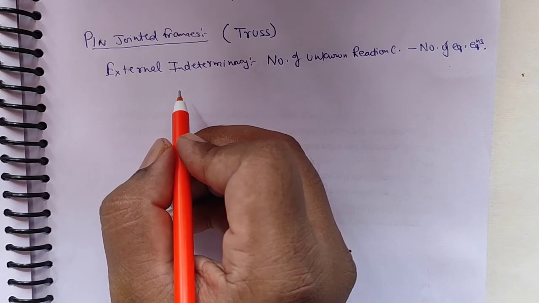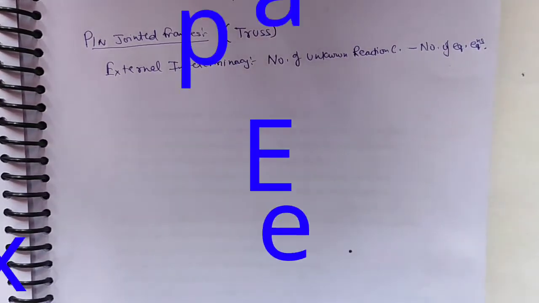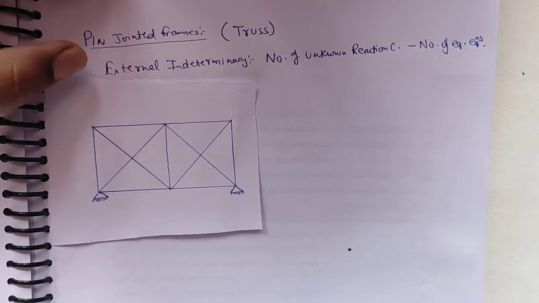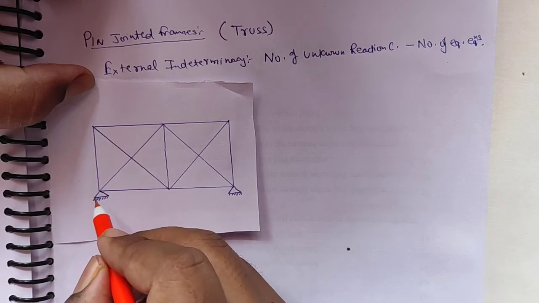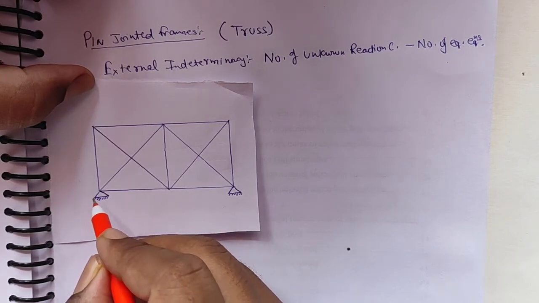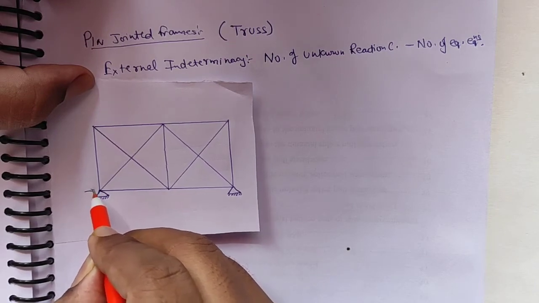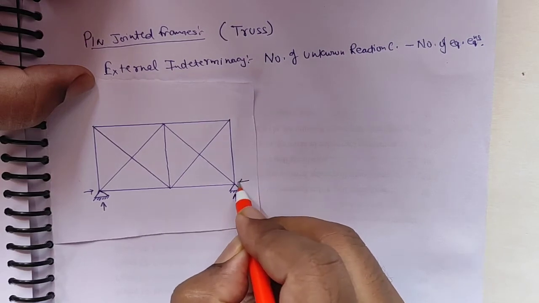So for a truss, or we can say a pin jointed frame, let us take an example. If a question like this is given where a truss is shown with two ends supported with hinge supports, we can find the external indeterminacy by dealing with the external forces. With a hinge support, we get two reactions for each support.